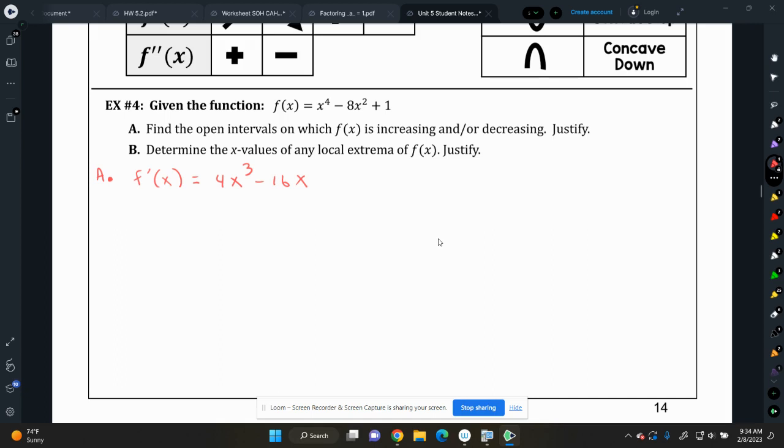Okay, what now? Set it equal to 0. I'm going to give you just a few seconds to do that, and then we'll jump in again together.